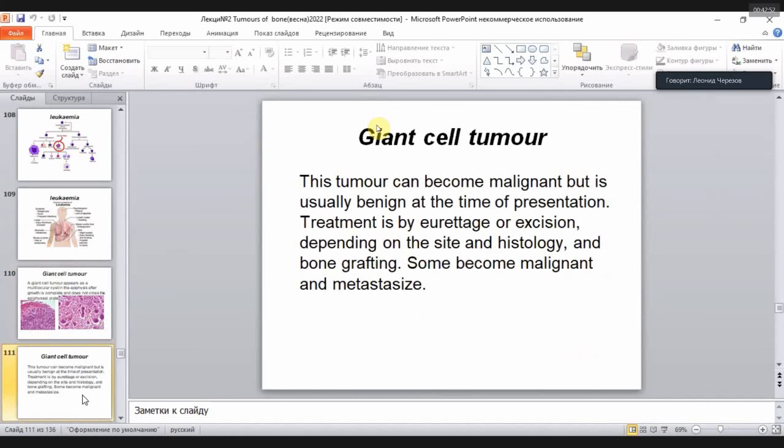This tumor can become malignant but is usually benign at the time of presentation. Treatment is by curettage or excision, depending on the site and histology, and bone grafting. Some become malignant and metastasize.